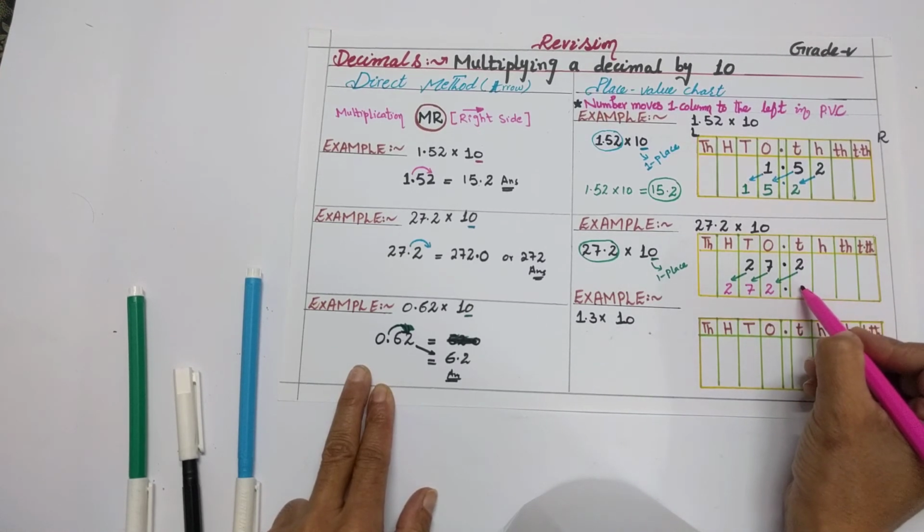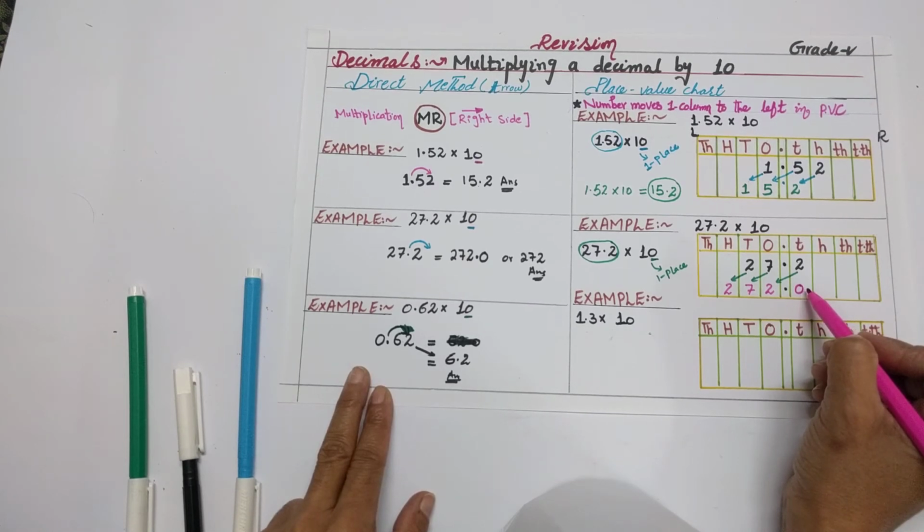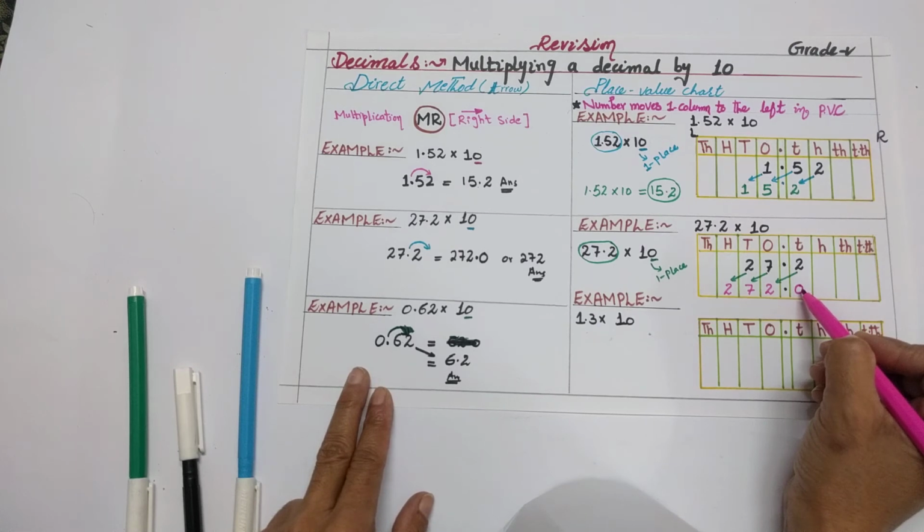In the ones place we have no digit, so we will put 0 here. 0 is a placeholder because there is no more digit, that's why we put 0, just as a placeholder.